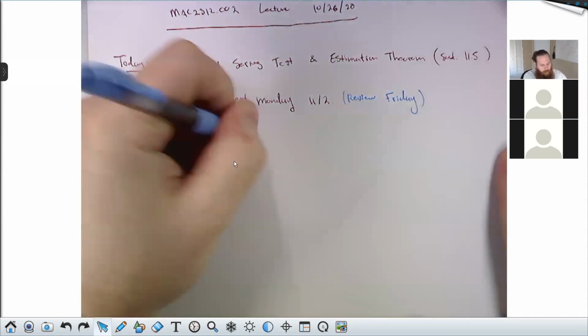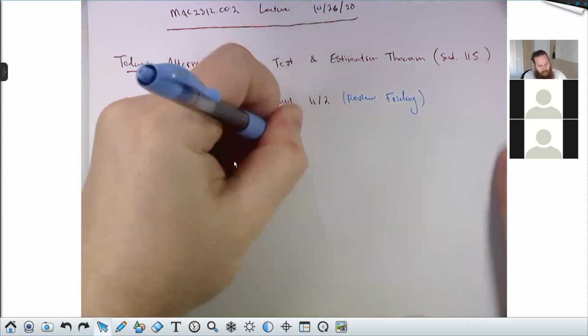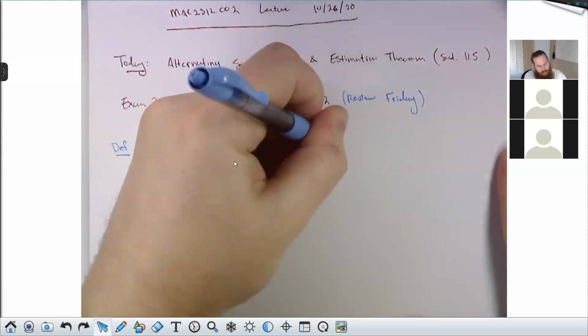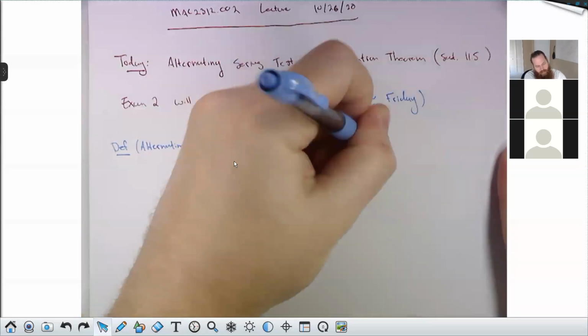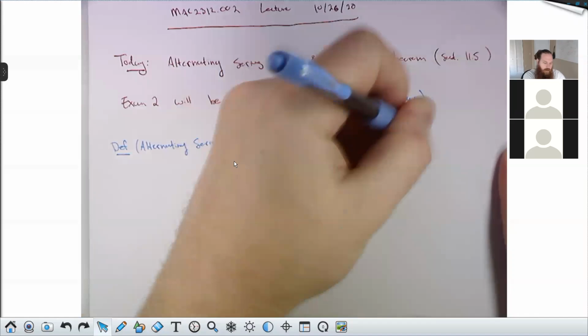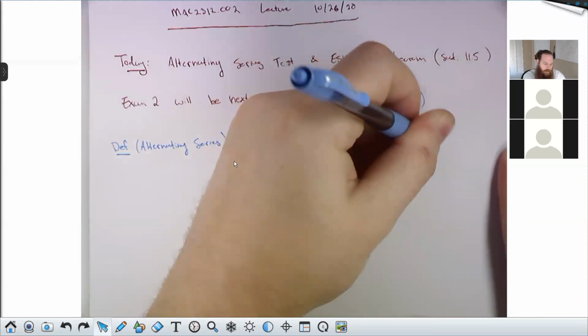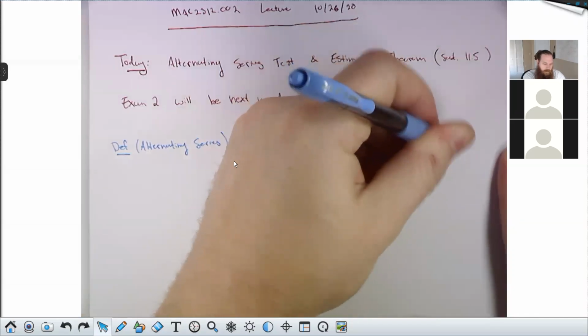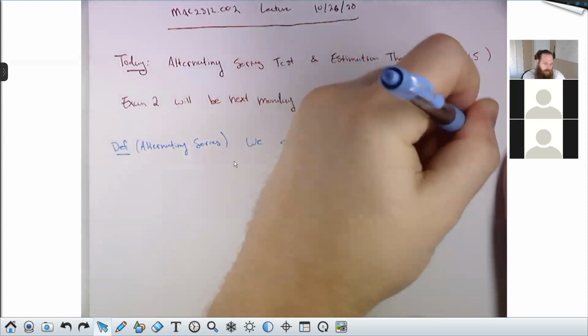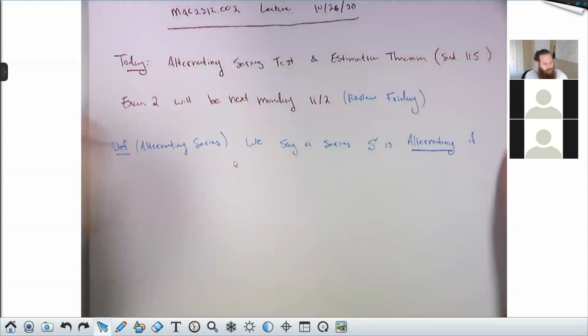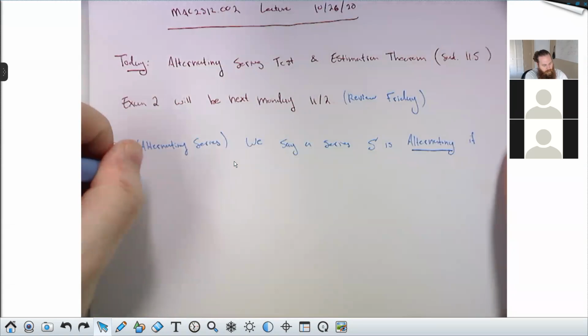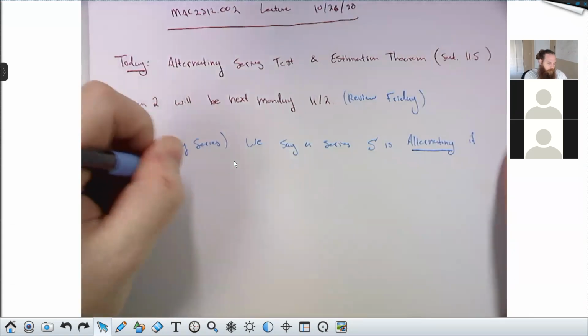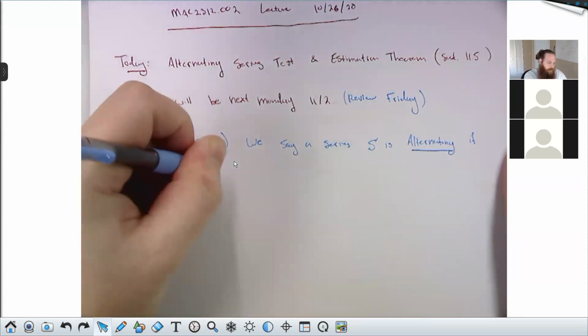All right, we say a series S is alternating if it changes sign, or if each term changes sign.